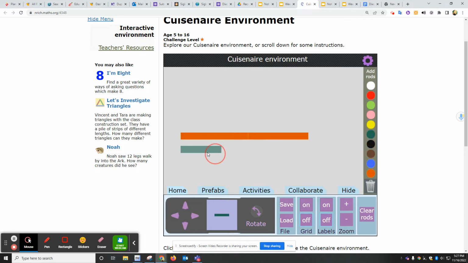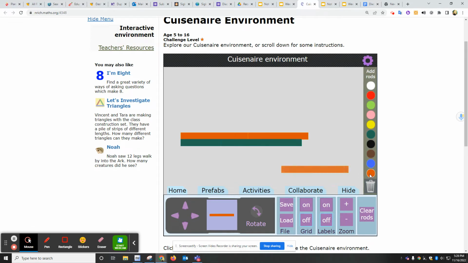Because I think I can put 1, 2, oh, wait a minute. That is not right. That's not going to work. 1, 2, 3, 4. Oh, see? I made an error. I'm going to clear it. And it happens. Sometimes we make errors.